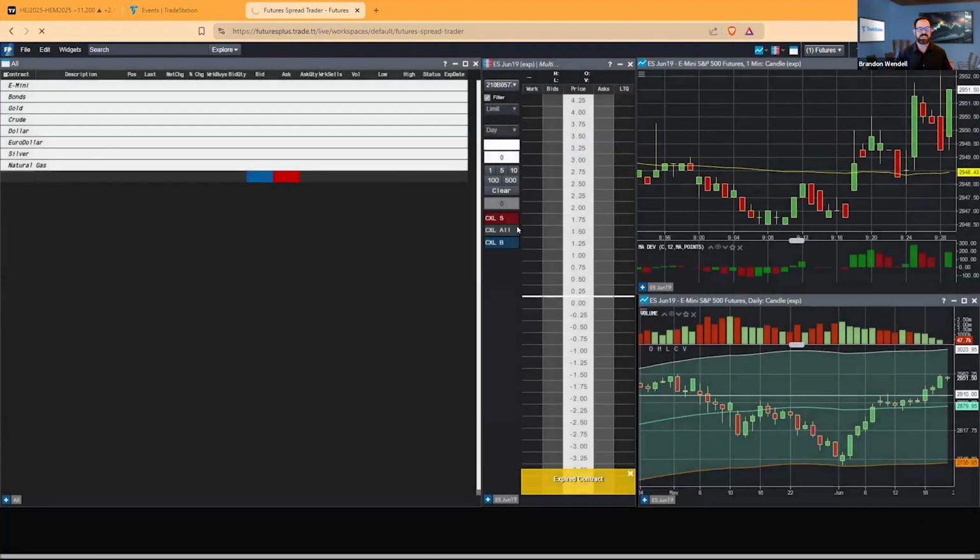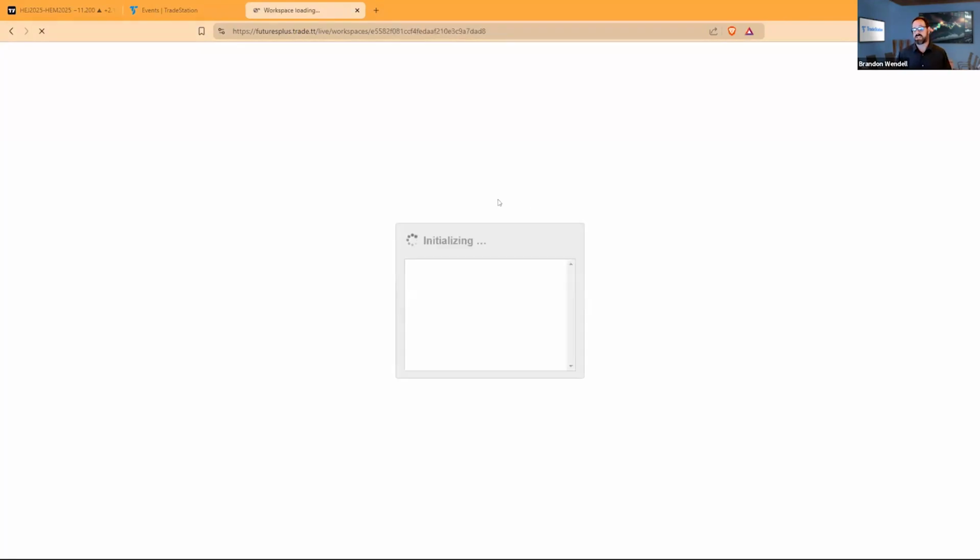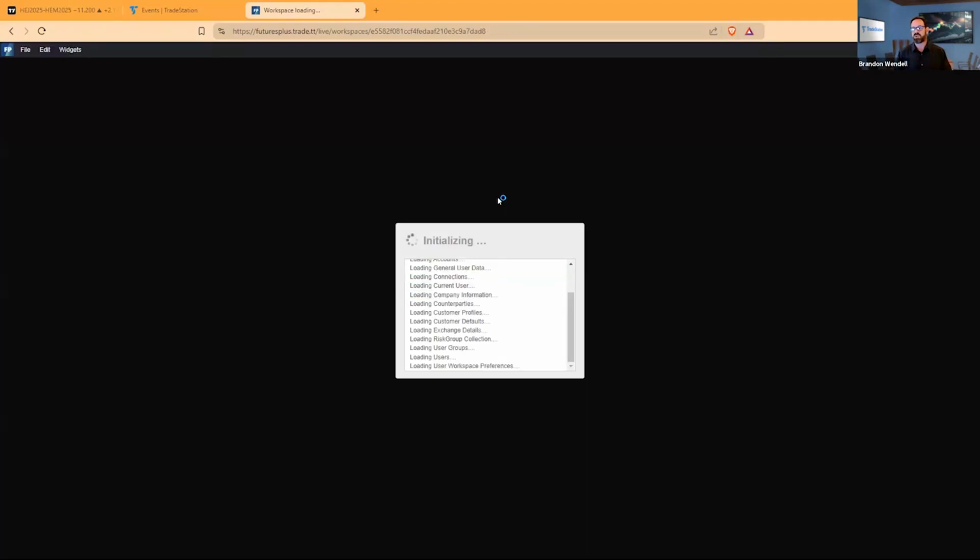Discard changes. And as you can see, it's very similar to TradeStation's platform where you can save workspaces and have multiple different workspaces available to you and different pages at a time. So I can click between them. It just takes a few moments because it is web-based and everything is housed not necessarily on your computer.